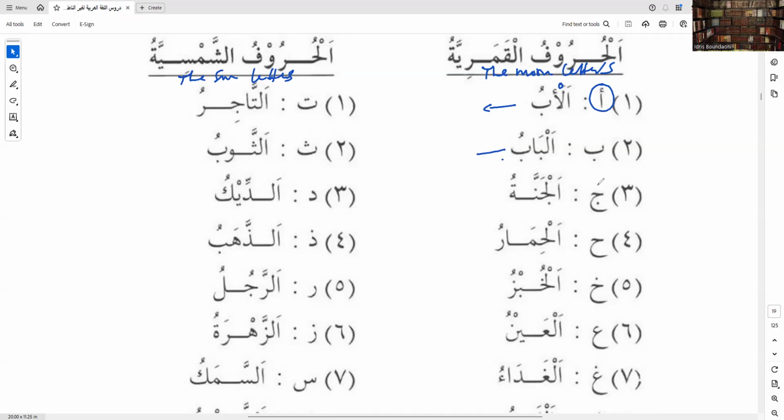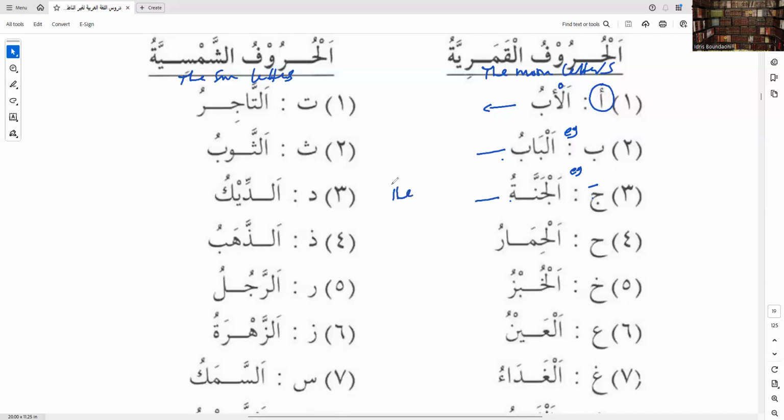And then jim, he used the word jannah. That is just an example, okay, easy. It doesn't mean that only jannah is the moon letter example. There are so many, but this is an example. Ja, jim, al-jannatu.